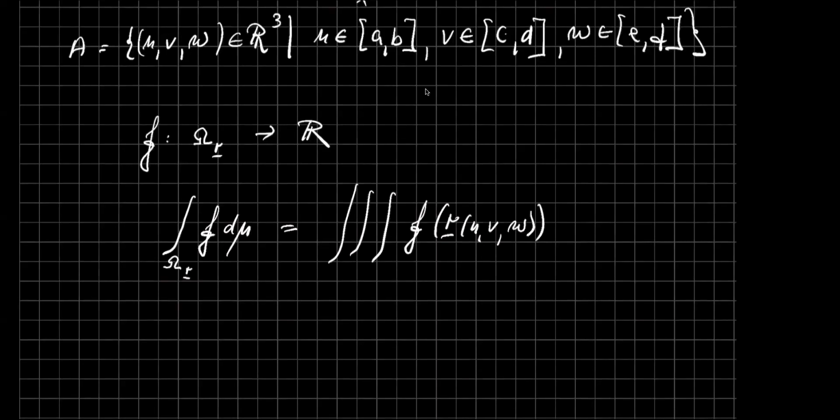And then we have to multiply with a Jacobian for the parametric representation.